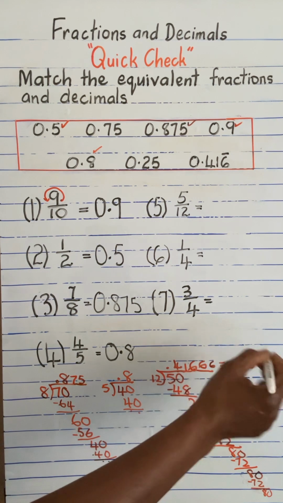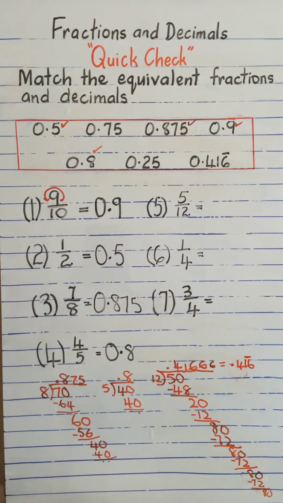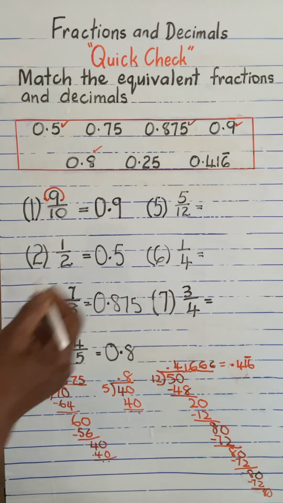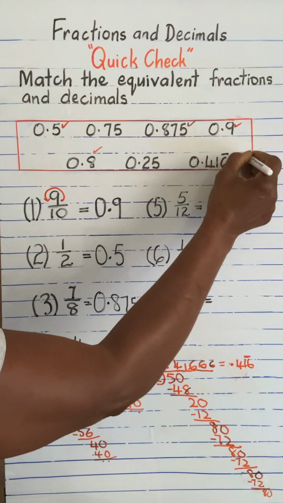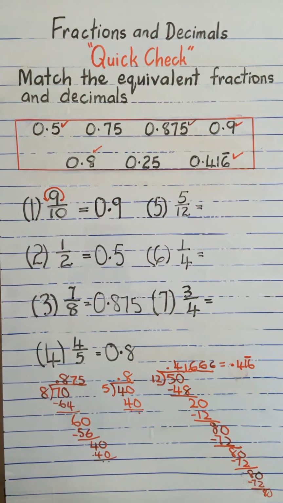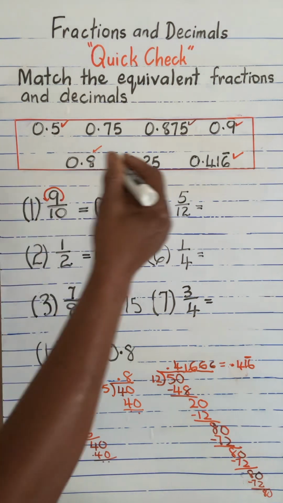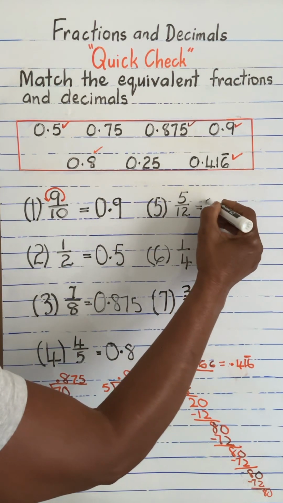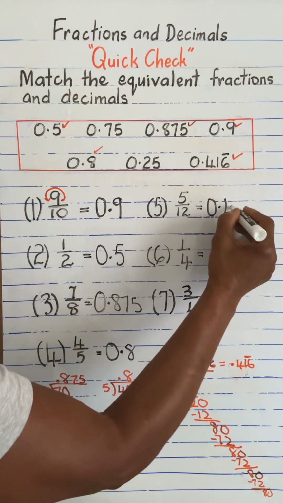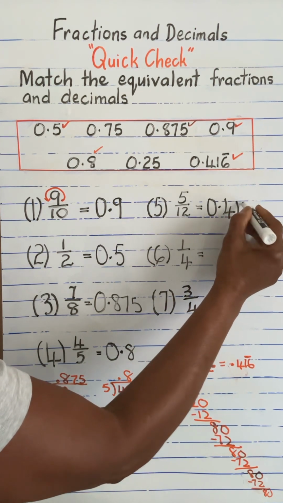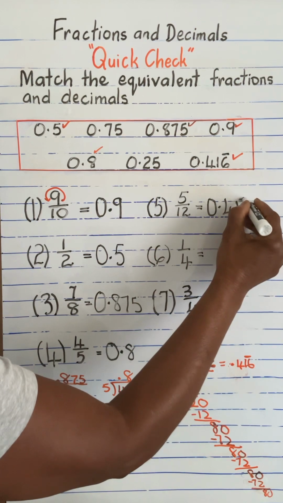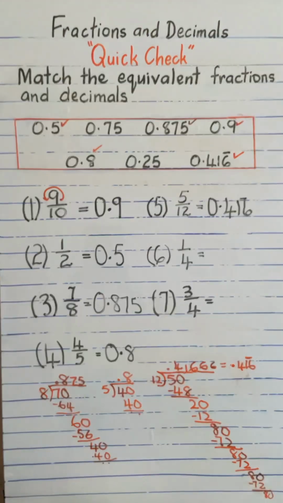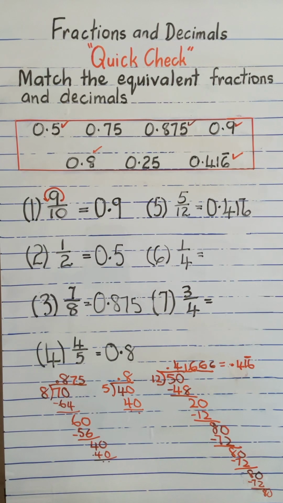We look for our answer, and it is right here. So 5/12 is equal to 0.41 bar 6.